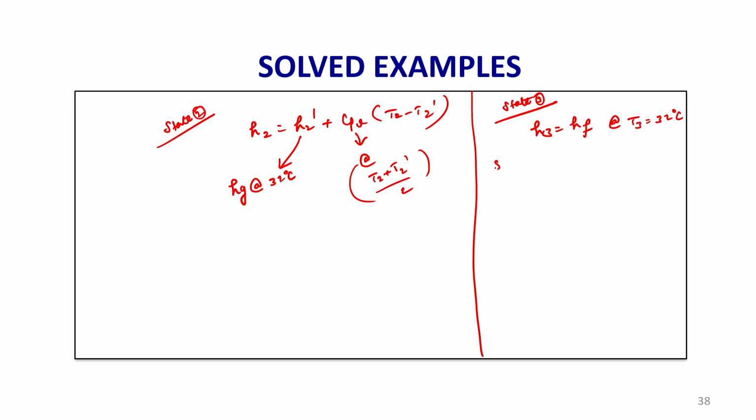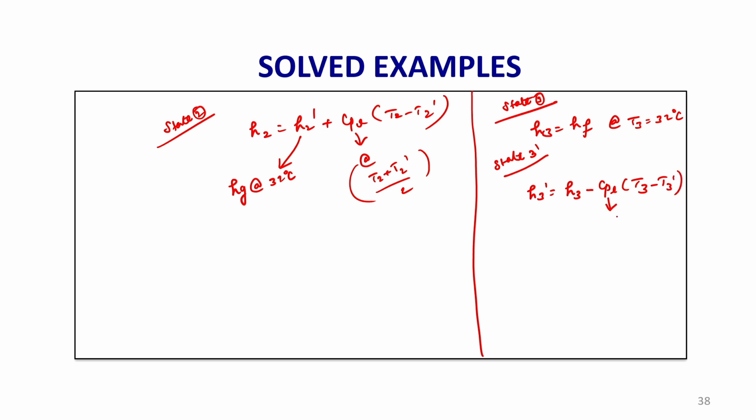Now, how to find H3 dash? H3 dash is the subcooled enthalpy. So, subcooled enthalpy is equal to saturated enthalpy minus Cp of liquid into delta T, T3 minus T3 dash. And again, how to find this enthalpy?